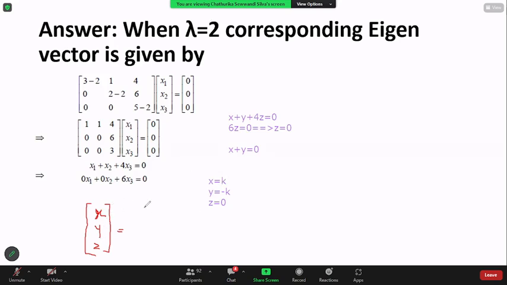Now that is what we have to find. What is x? K. What is y? Minus. What is z? We can further solve this. What we can do is we take k out.